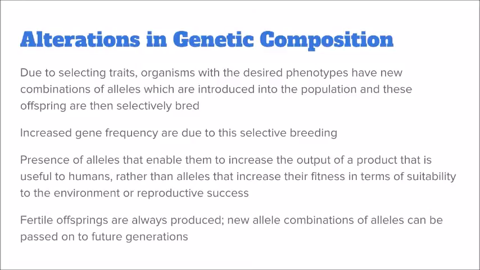So rather than having lots of alleles that allow the organism to increase its fitness in terms of the environment or reproduction, they're now more useful to humans, so can be used for human purposes. And also the good thing is that fertile offspring are always produced, which means that these new allele combinations can be passed on to future generations.